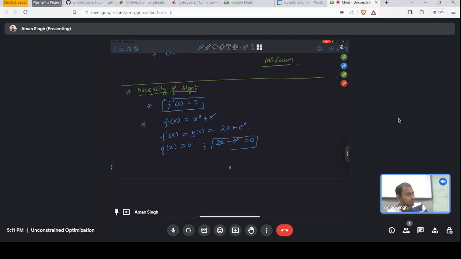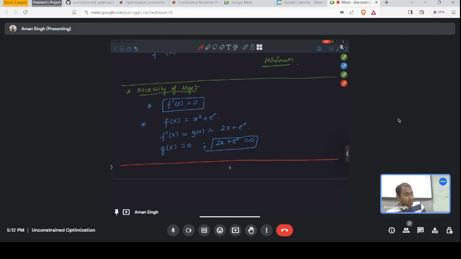Now, the solution to this equation we can't find by hand or through analytical solutions. We need numerical solutions, and we need the help of computers. So that's why we require numerical techniques, which we'll study in our next lecture: some numerical algorithms to solve one-dimensional optimization problems.